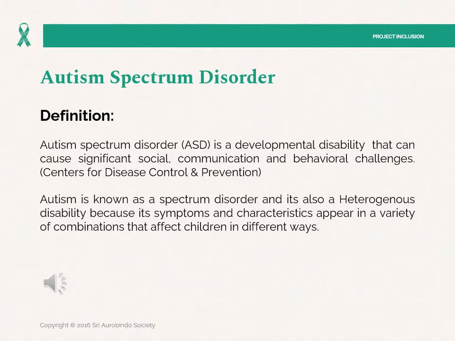It is also called a spectrum disorder or a heterogeneous disorder because ASD comes with different and diverse symptoms which are present in different combinations in different children. Also, it has three different levels: mild, moderate, and severe. That is why it is majorly called a heterogeneous disability or disorder.